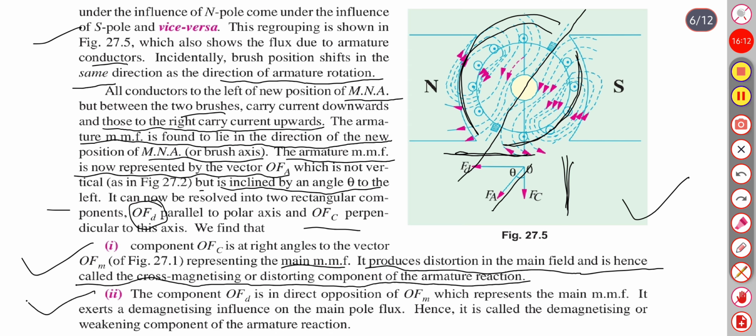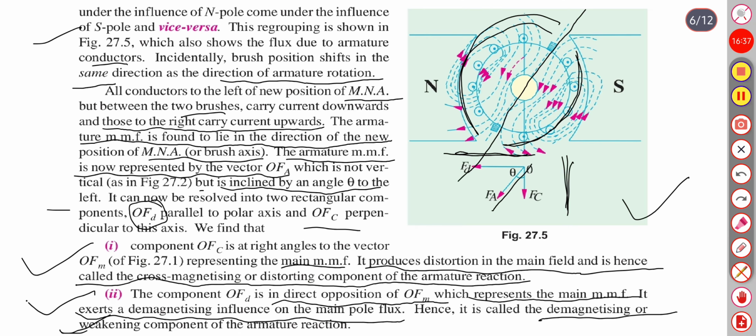The second component OFD is in direct opposition to OFM, which represents the main MMF. It exerts a demagnetizing influence on the main pole flux. So it is called the demagnetizing or weakening component of armature reaction.